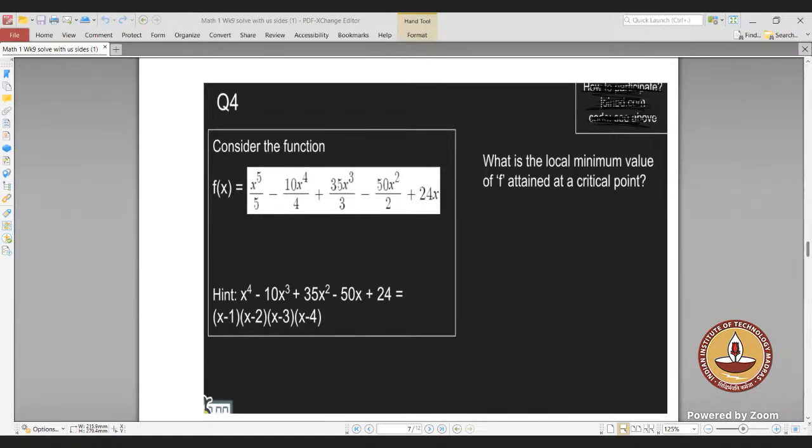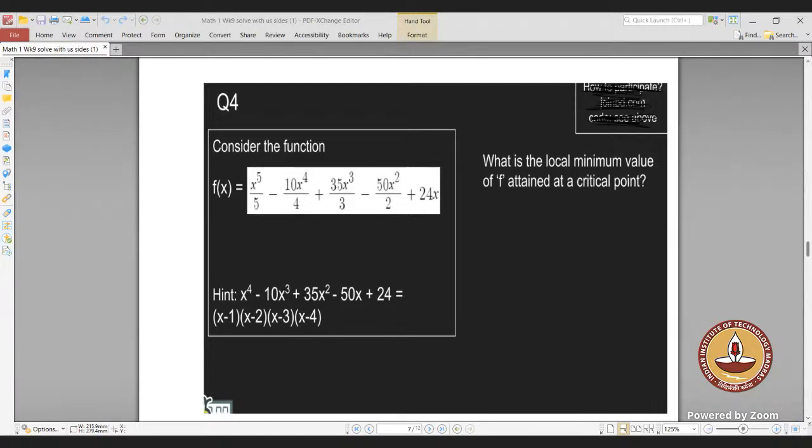Okay. So I wanted to ask that the value of the double derivative which we take out, and whatever the critical points at which we are getting the local minima.